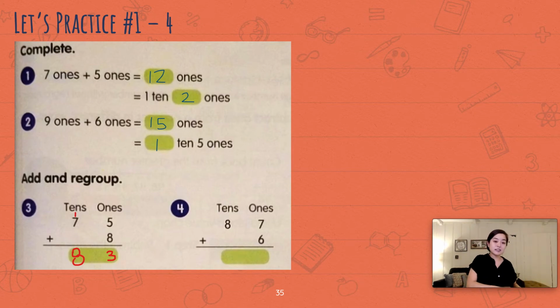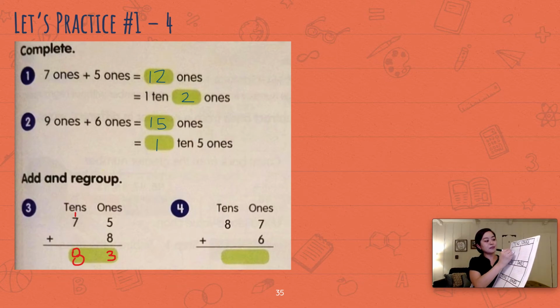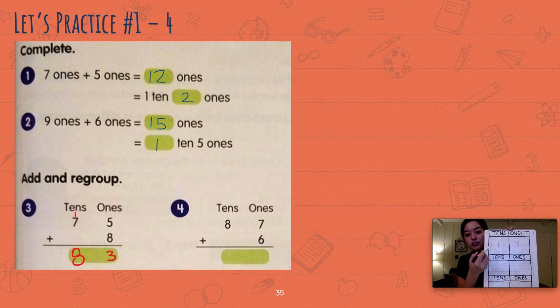All right, let's look at number 4. We have 87 plus 6. So, very first thing we need to do is add the ones. So, let's add 7 and 6. 7 and 6 make, oh, it makes 13. All right. So, I wrote 13 in my place value chart. So, we have to regroup 13 into 10s and 1s.